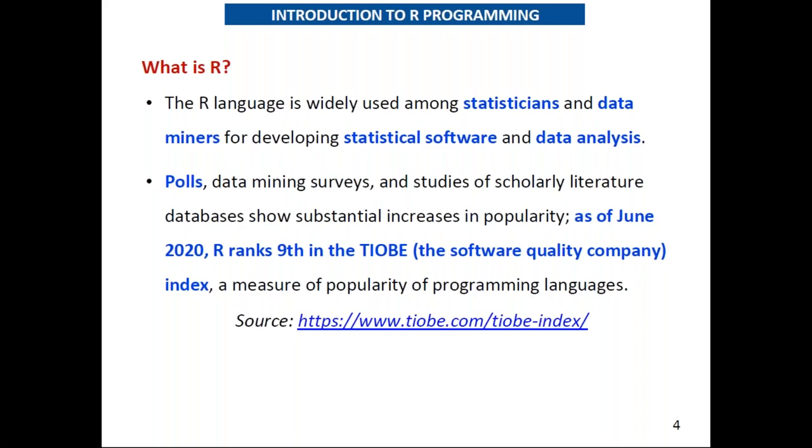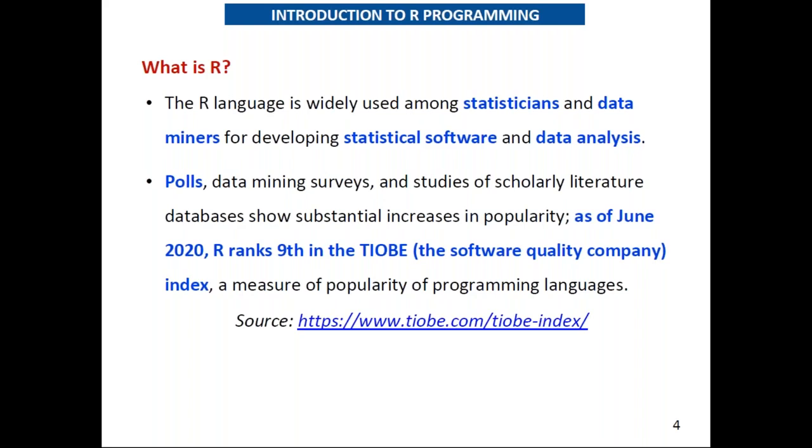Surveys, polls, data mining studies, and studies of scholarly literature databases show a substantial increase in the popularity of R. Today I have collected the latest statistics as of June 2020. R ranks 9th position in the TIOBE index.